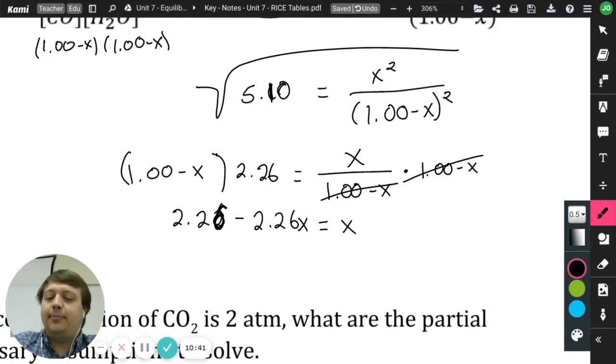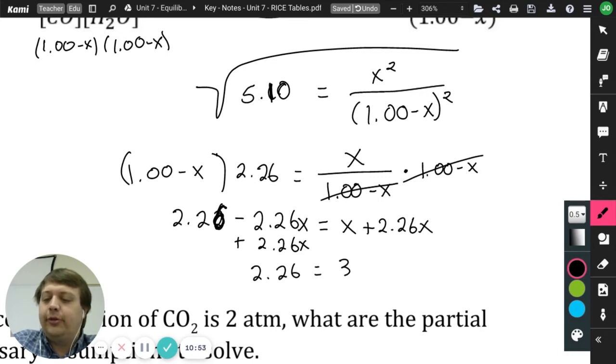Then I'm going to add 2.26x to both sides. And I get 2.26 equals 3.26x. And then I'm going to divide both sides by 3.26.